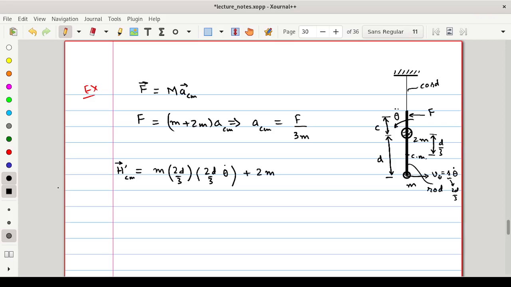Similarly, we have 2m for the larger mass, a moment arm of d by 3 and a velocity of d over 3 theta dot.